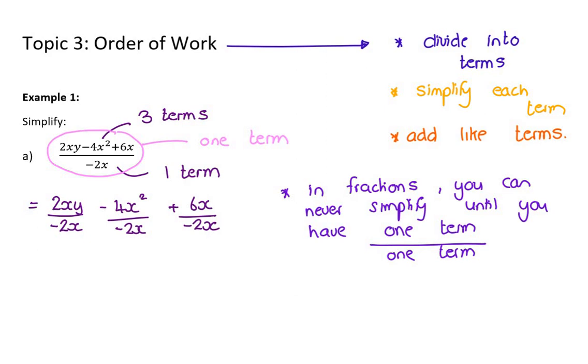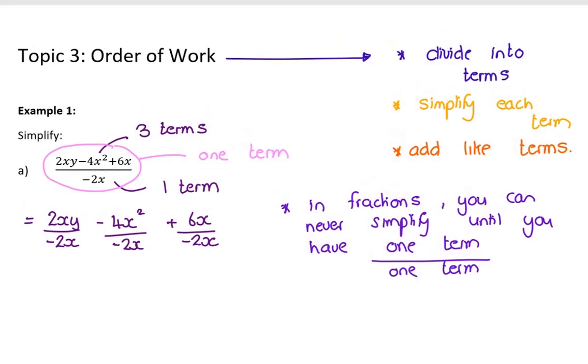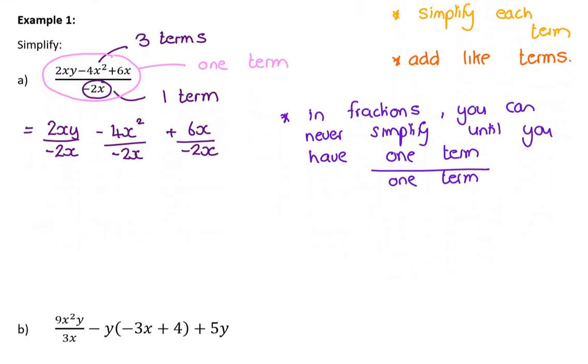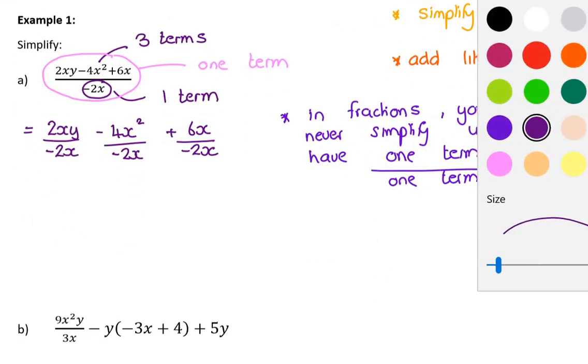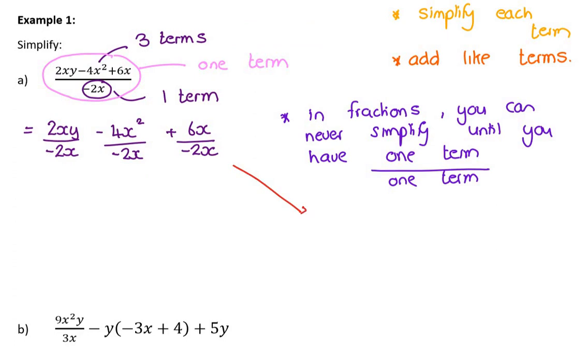So basically that would have been your primary school logic. Your primary school logic is if you can build the same denominator everywhere, you can keep one denominator. Instead of writing it 3 times, you can write it once and then just have the top. So what I've done now in this step is I've given each term their own denominator.